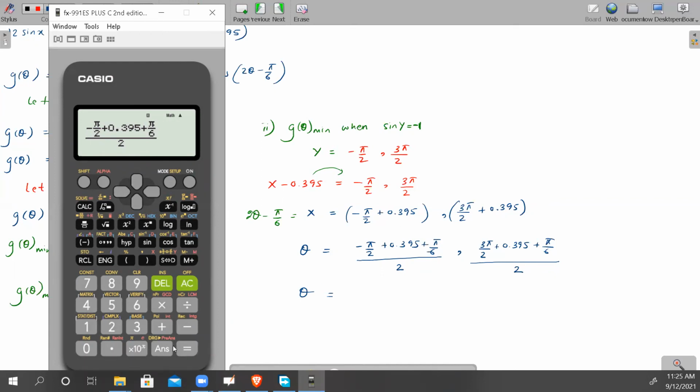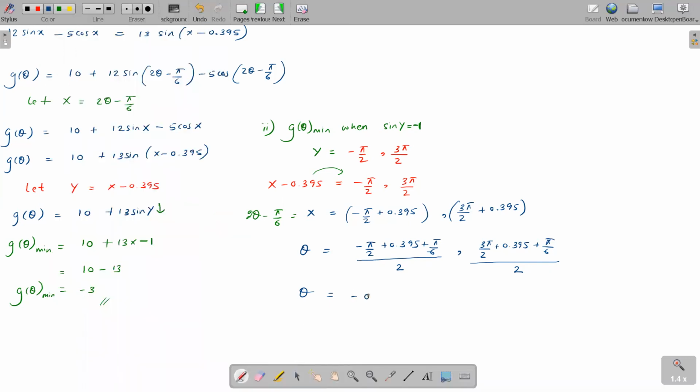So this is the first answer. This gives me a negative figure, minus 0.326. Okay, so that does not work out. So let's try the other one.